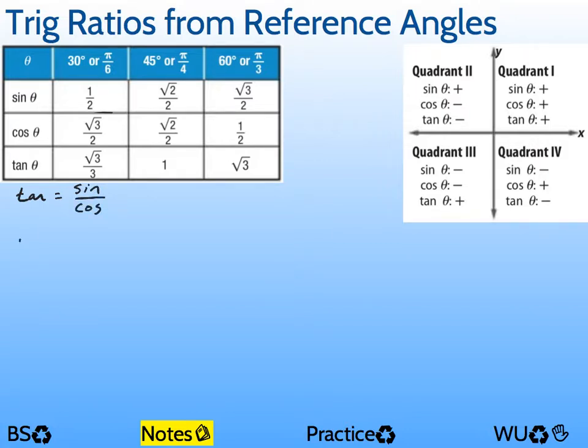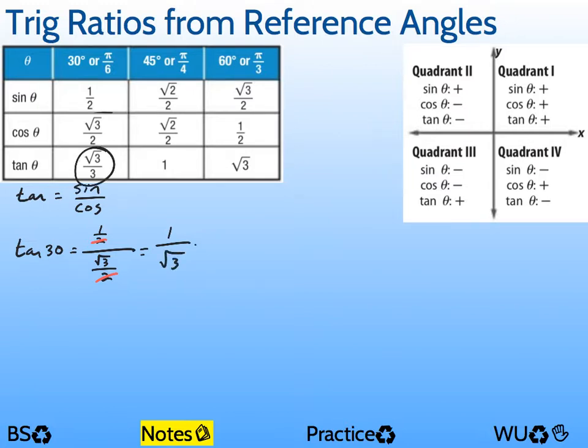If tangent is sine over cosine, we have tan 30 equals sine of 30, which is 1/2, over cosine of 30, which is radical 3 over 2. So, with that, these 2's will cancel out because they're both in the denominator, leaving you with 1 over radical 3, which is true, but it's not what this says.